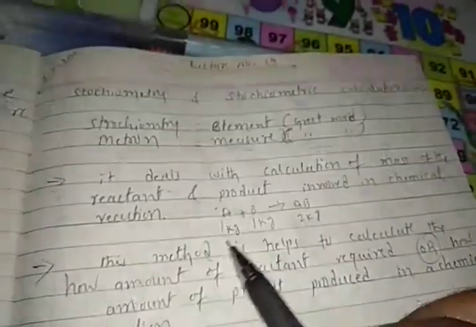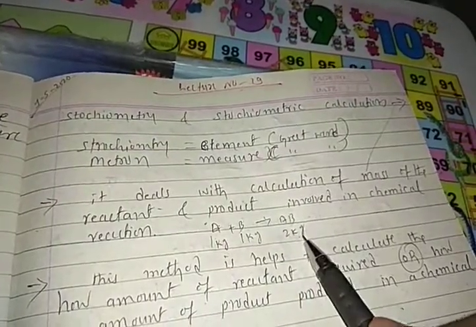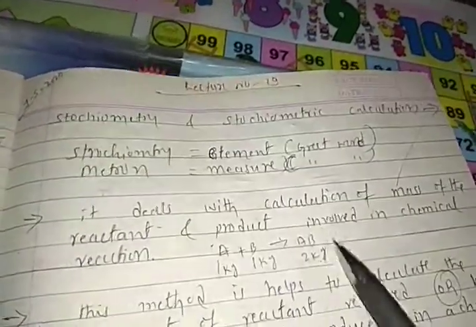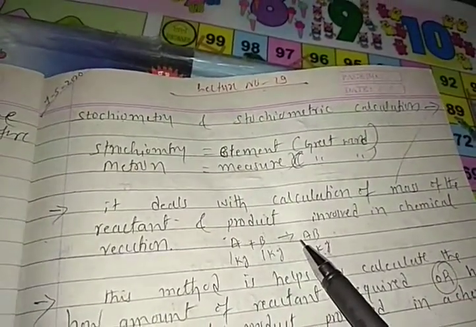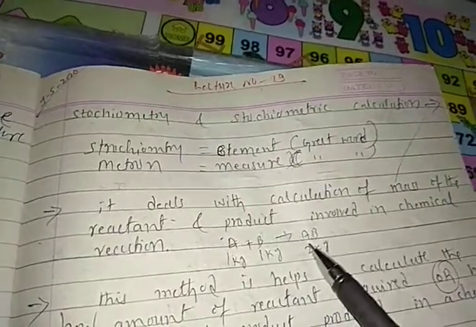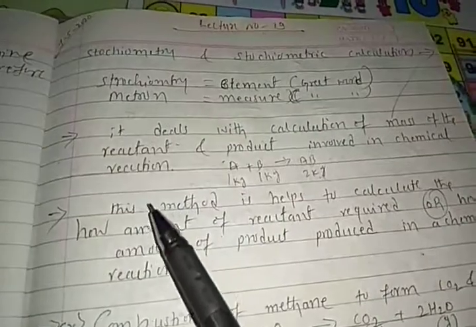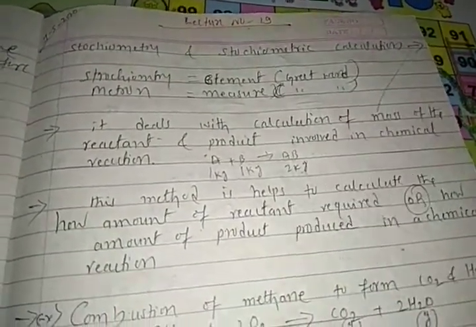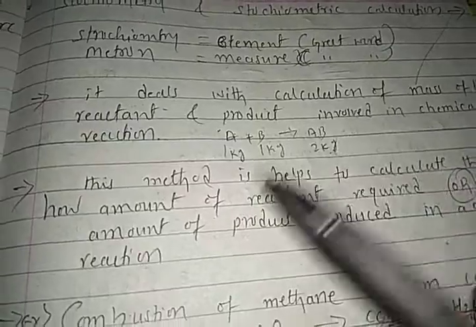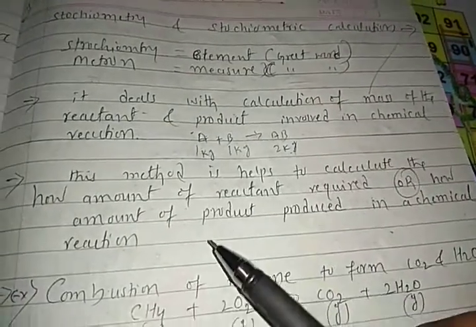So if we know how much mass of reactant there is, how much product will be formed? That we have to calculate in terms of mass, moles, and grams, in terms of weight. So that is the stoichiometric coefficient. This method helps to calculate how much reactant is required and how much product is produced.